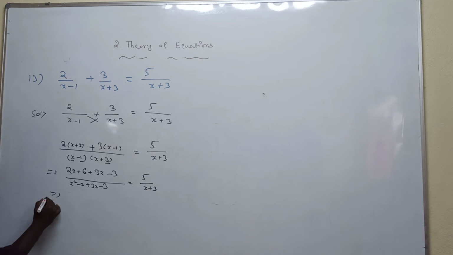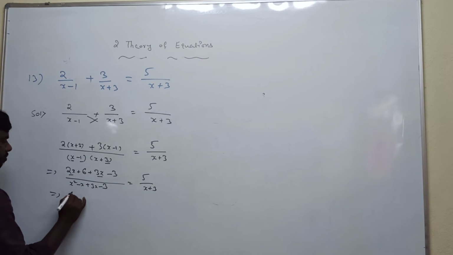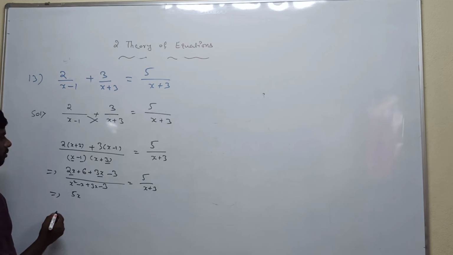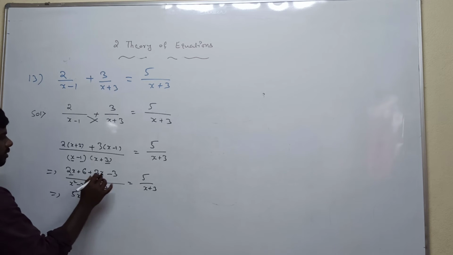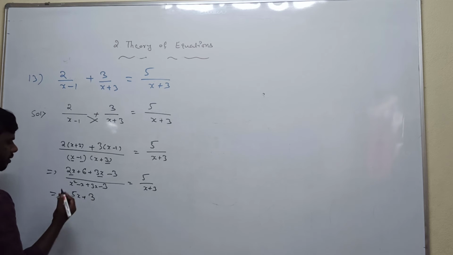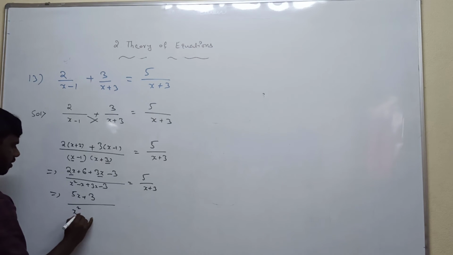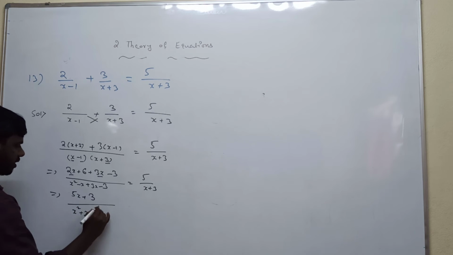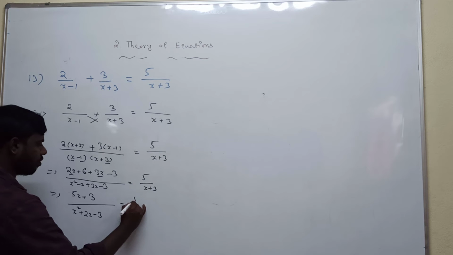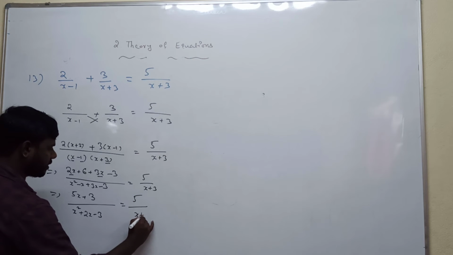So now the numerator: 2x plus 3x is plus 5x, plus 6 minus 3 is plus 3. Divided by x square as it is, minus x plus 3x is plus 2x, next minus 3 as it is, equal to 5 by x plus 3.